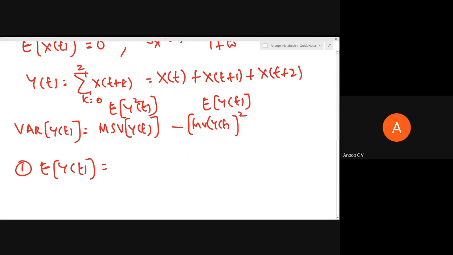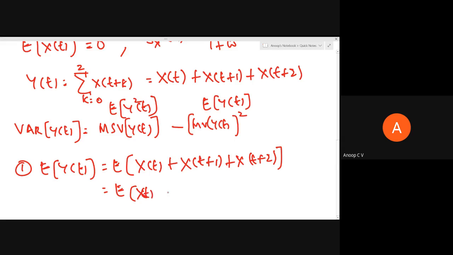You just straight away write y of t as e of x of t plus x of t plus 1 plus x of t plus 2. As it is a linear operator, it is e of x of t plus e of x of t plus 1 plus e of x of t plus 2.